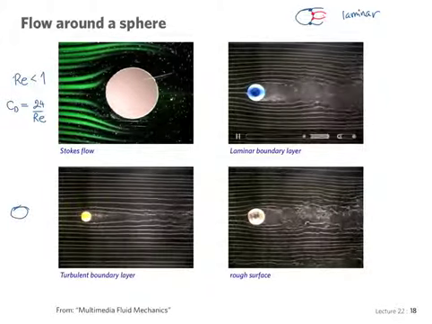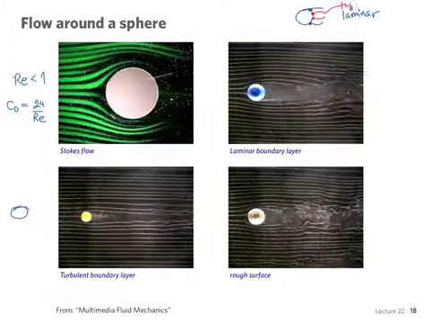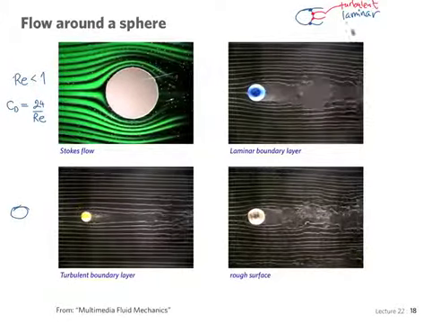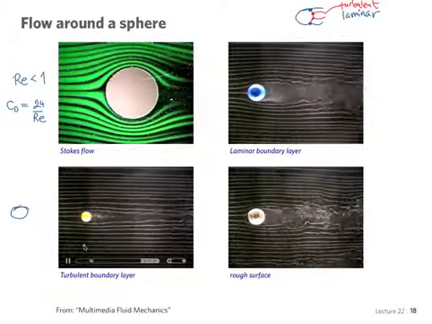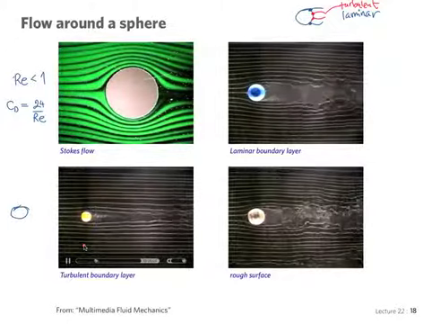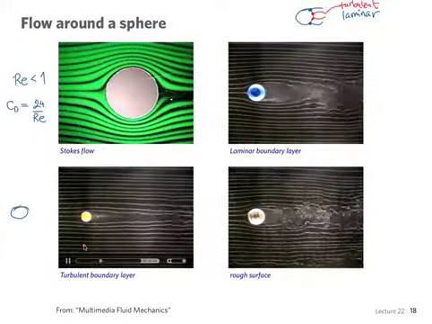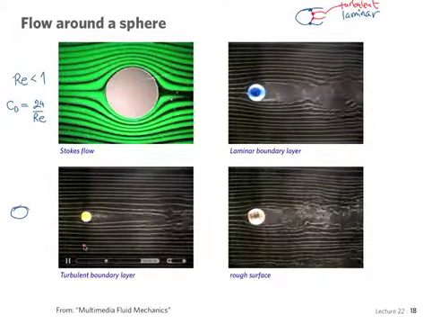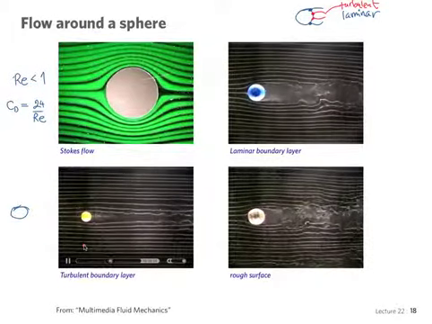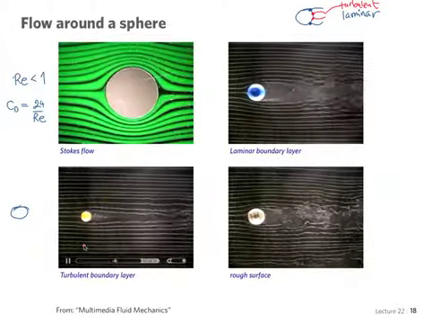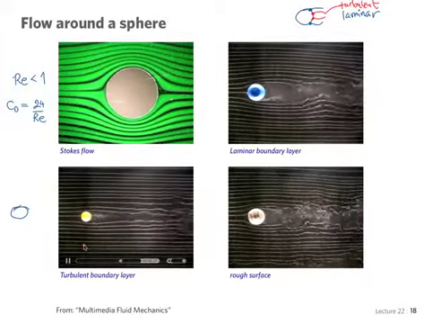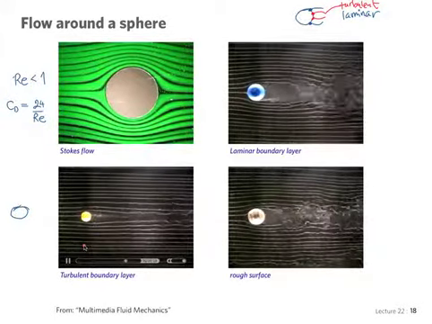And so this has the effect of making the wake a little bit more compact, the pressure difference between the rear of the sphere and the front being less and the drag being less. That happens when the boundary layer becomes turbulent.